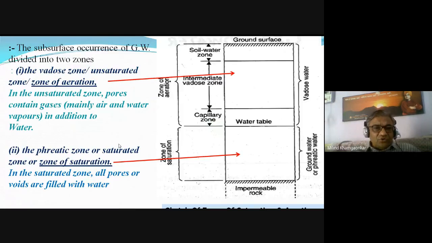And we have also studied that the subsurface where the groundwater occurs is divided into two zones.